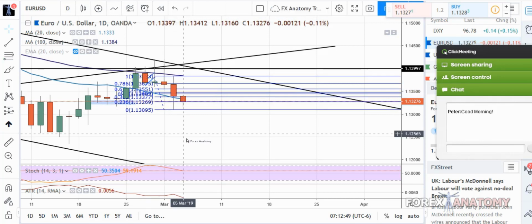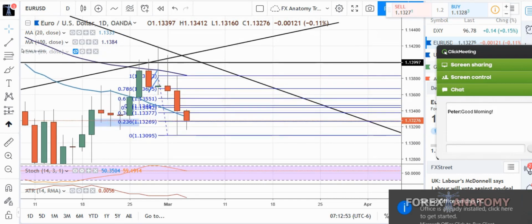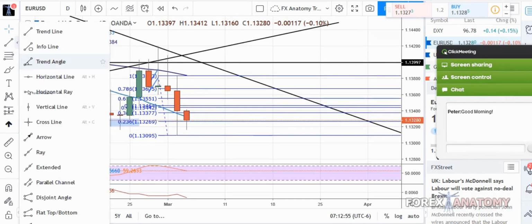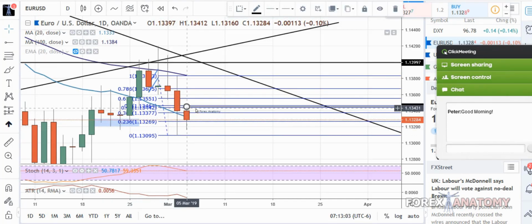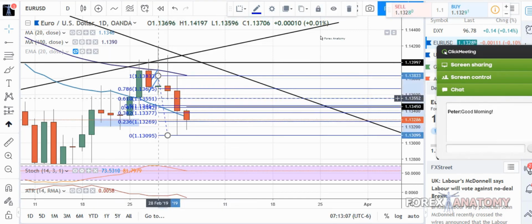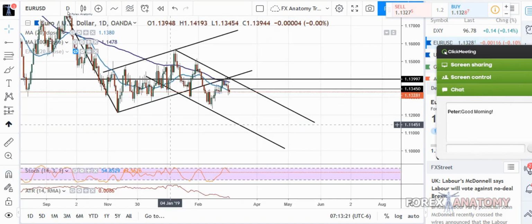And what I'm going to do is expand this out, and I'm going to draw in a horizontal ray or line right at the 50 mark, right around the 50% Fibonacci level, because right around here is where you probably could see price retrace to, if we do get that retracement and an opportunity to eventually enter into a sell position. You may see something like that moving forward.